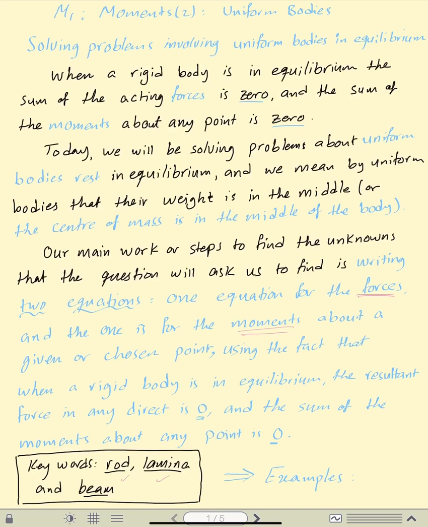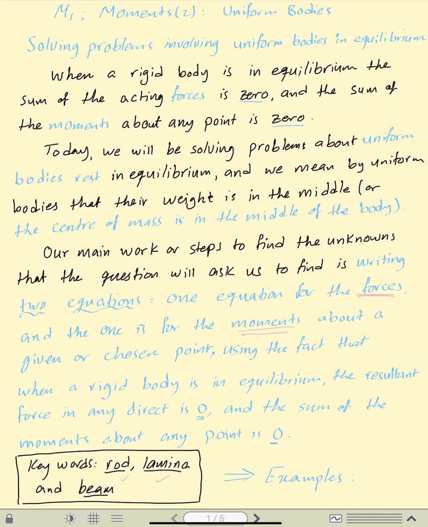Our main steps, dear students, in every question will be constructing two equations: an equation of forces, and the other an equation of moments. The main idea will be equating the forces upwards to the forces downwards, and the moments anti-clockwise to the moments clockwise.